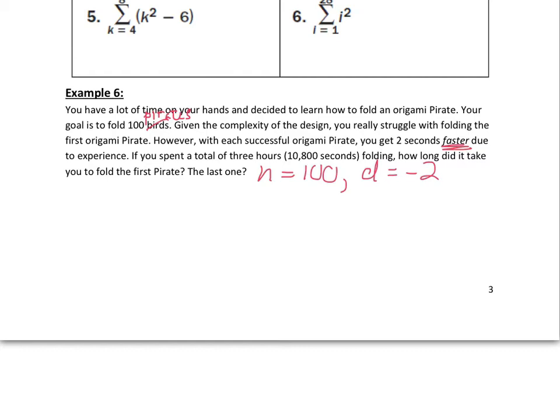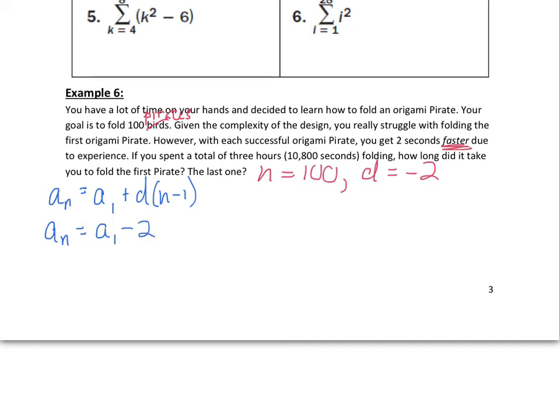All right, I know a couple things about our arithmetic sequence formula. I know that a sub n is equal to a sub 1 plus d times n minus 1. All right, a sub n is not something that's known to me yet, right? So I'm going to go ahead and plug in what I know. And wouldn't you know it, a sub 1 I don't know either, but I do know that my d is -2.